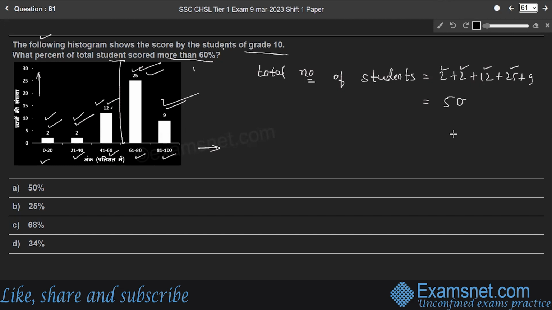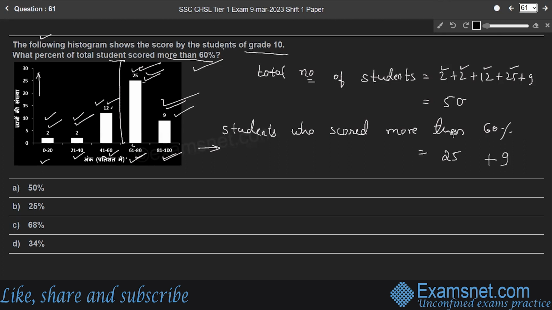In that, students who scored more than 60%: for 61 to 80%, there are 25 students, and who scored 81 to 100%, there are 9. Therefore, 25 students scored 61 to 80% plus 9 students scored 81 to 100%, so 34 students scored more than 60%, and we require the percentage value.